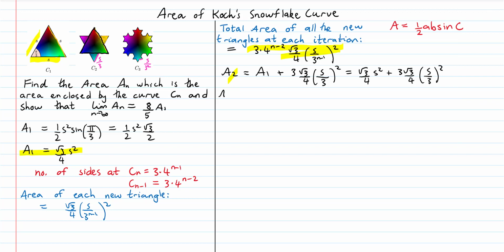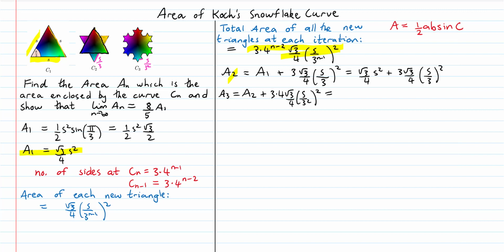So A3 then, well, that's going to be equal to A2 plus the total area of all the new triangles at curve C3. So that's going to be equal to then 3 times 4 times square root of 3 over 4 times s over 3 squared all squared. So we just plugged n equals 3 into that formula for total area of all the new triangles.